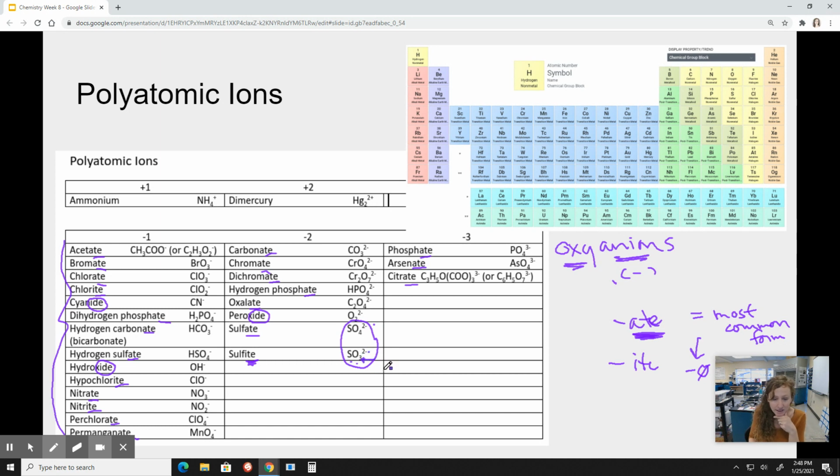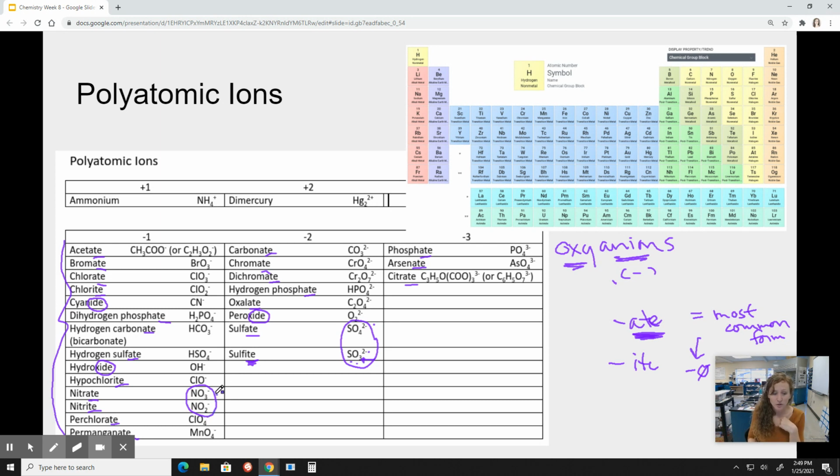It's SO3 2 minus, whereas sulfate is SO4 2 minus. We see it in nitrate and nitrite as well. Nitrate is NO3 minus. Nitrite is NO2 minus. So same atoms, nitrogen and oxygen, same charge, but nitrite has one less oxygen.